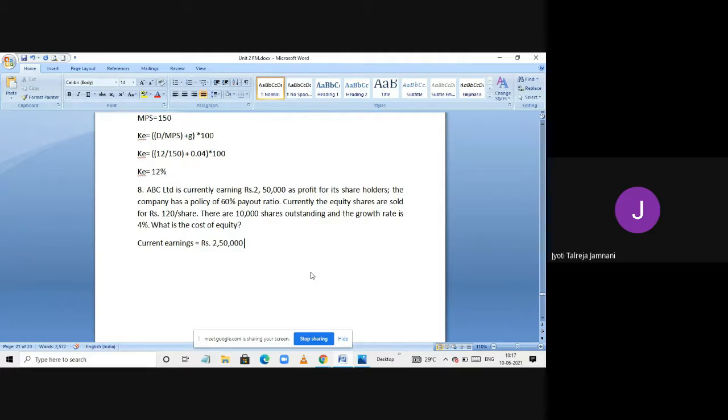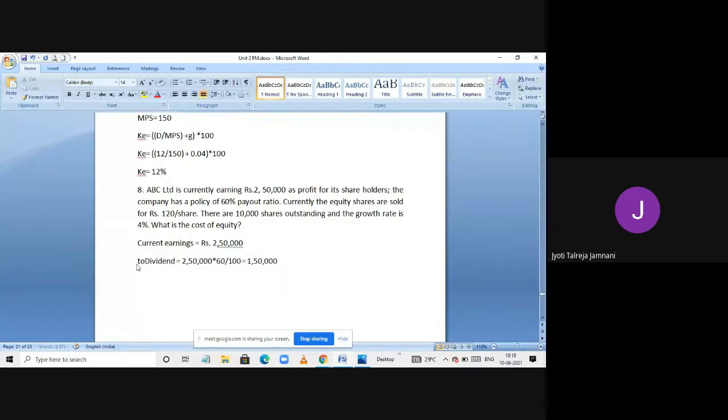The company has a policy of 60% payout, so dividend will be 60% of 2,50,000. Just see how much you get. 60% of 2,50,000. 1,50,000, ma'am. 1,50,000 is the total dividend.